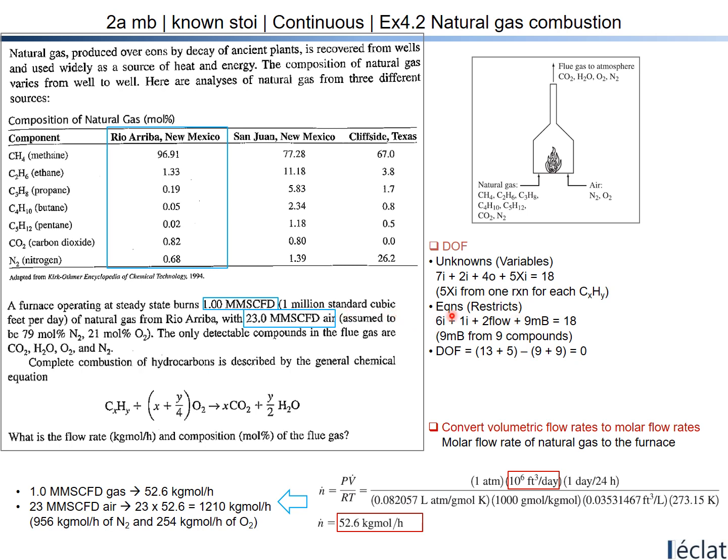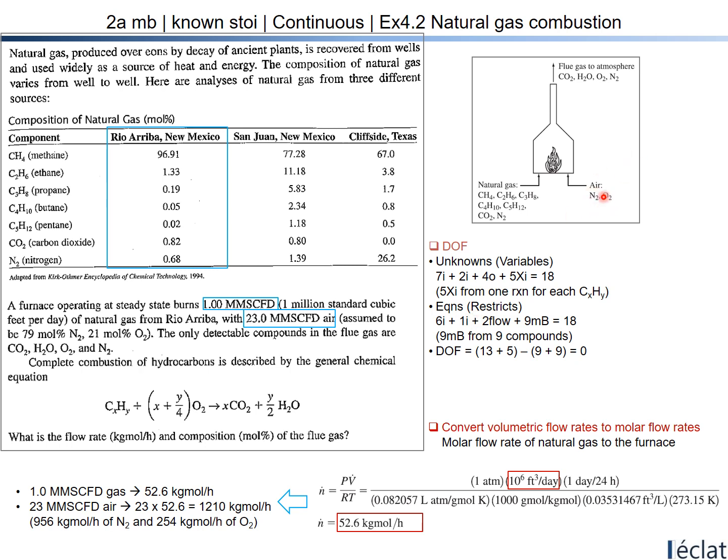And then let me count the number of restrictions or equations. For the input composition, we have 6 inputs for stream 1 and 1 input for stream 2.